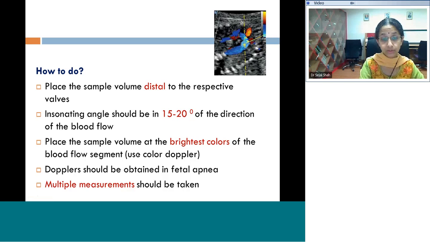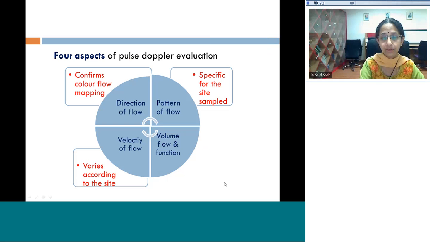The Dopplers theoretically should be obtained in fetal apnea. So it's going to be very difficult for us to take that. So it's always important to take multiple measurements so that we do not have errors. So with this understanding, we now go to see what all sites we will see pulse Doppler. Now there are 4 aspects of pulse Doppler. One is it's going to tell us the direction of flow, which is going to confirm the color flow mapping.